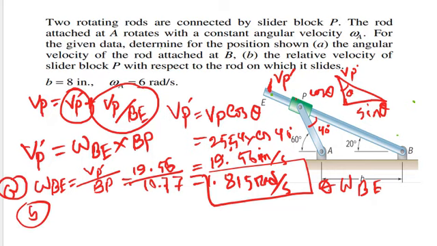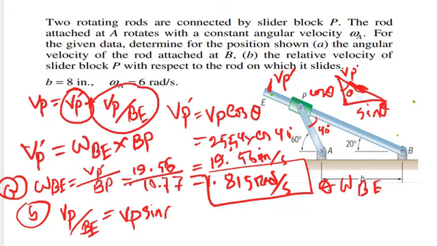For part B, easily we'll get the V_P with respect to BE, right? That means this one is V_P with respect to, we are considering this. If we want to find this, obviously it's the opposite, with sine theta. This is the B prime.